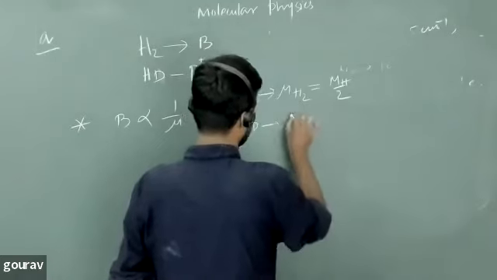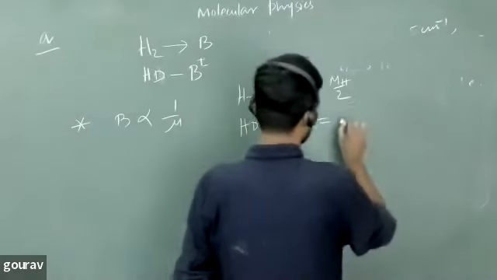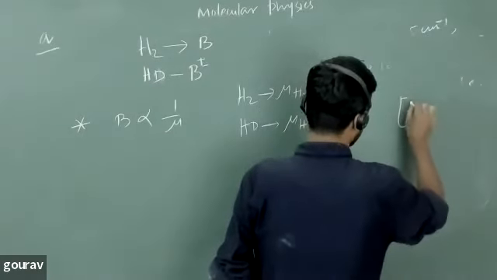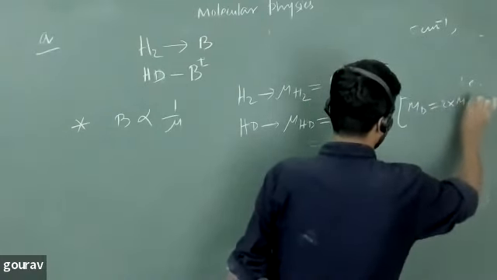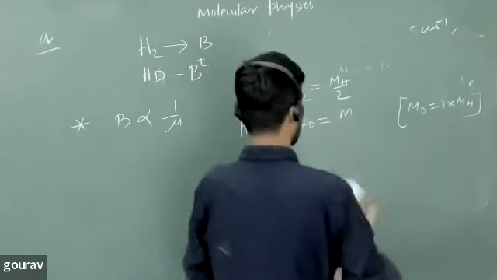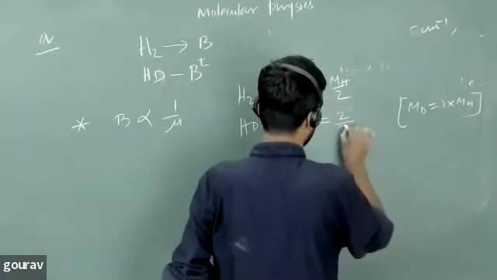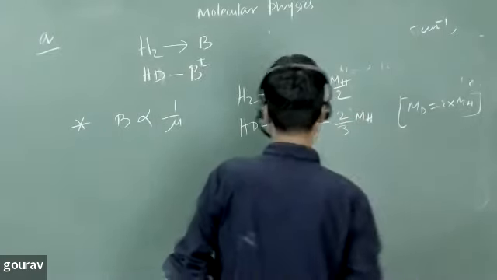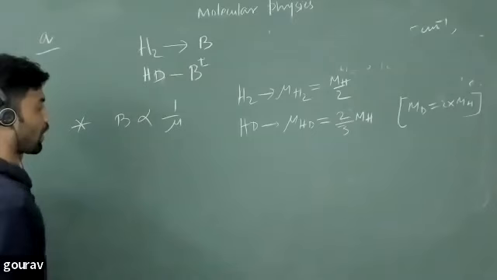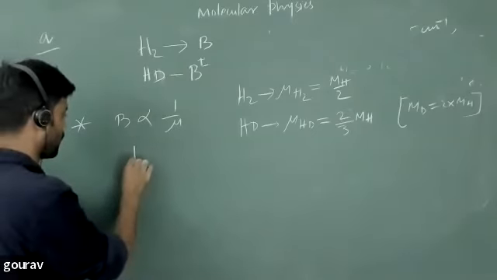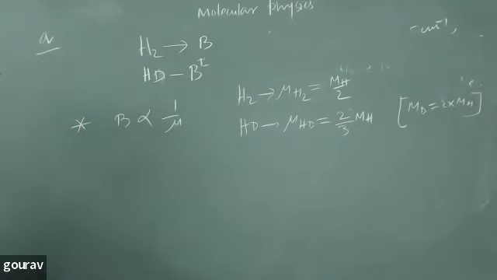But if you calculate for the HD molecule, let us denote that reduced mass as mu HD, that will be how much? You know that mass of deuterium MD is twice the mass of hydrogen, right? So if you substitute this condition, you will get the reduced mass of HD molecule as 2 by 3 times the mass of hydrogen.